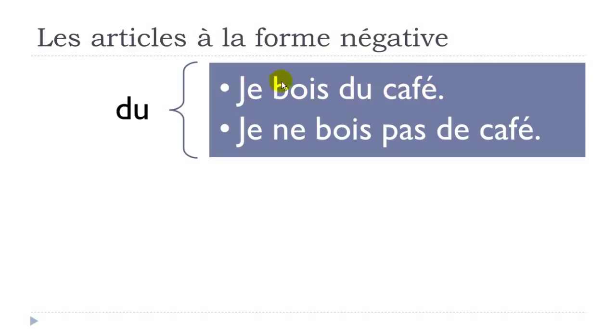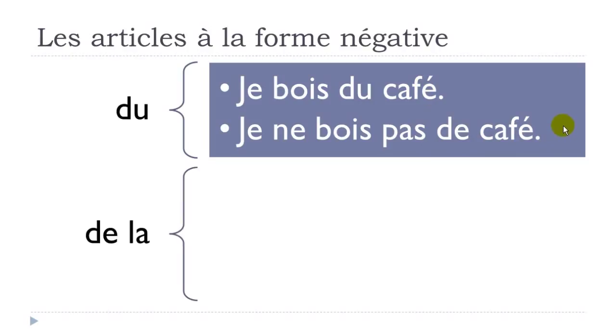Okay, je bois du café. So this is the masculine form here, du. And if you look carefully, negative form, je ne bois pas de café. So you can see that du is becoming de at the negative form. All right?